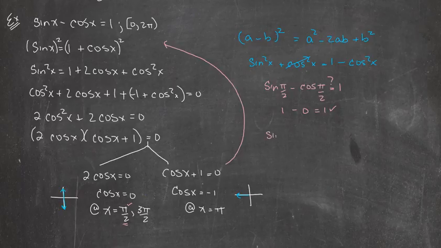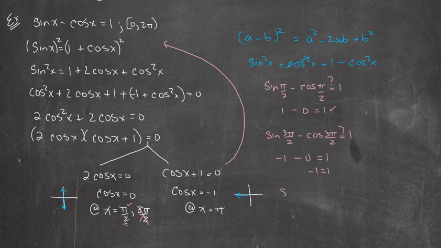Same thing, sine of 3 pi over 2 minus the cosine of 3 pi over 2 equals 1. Well, the sine of 3 pi over 2, that's down here, so the sine equals -1, minus the cosine of 3 pi over 2 is 0, so -1 equals 1. This is an erroneous result.